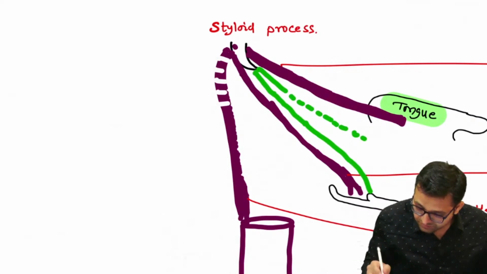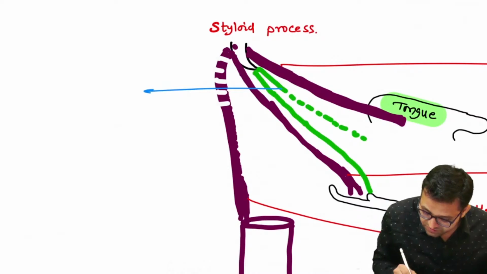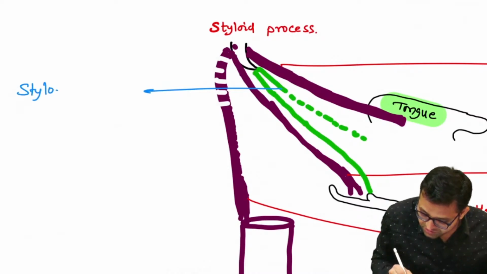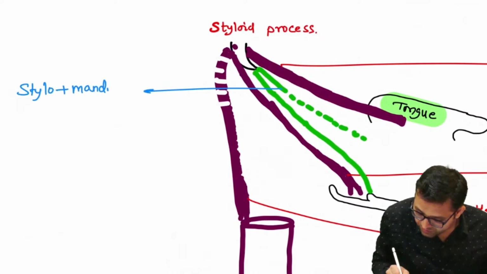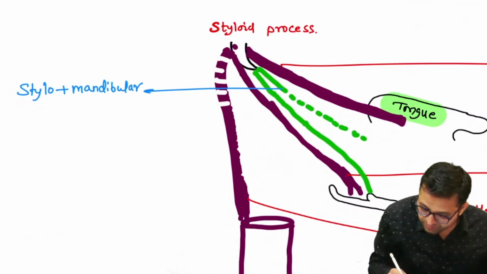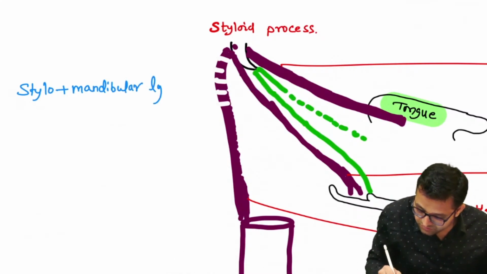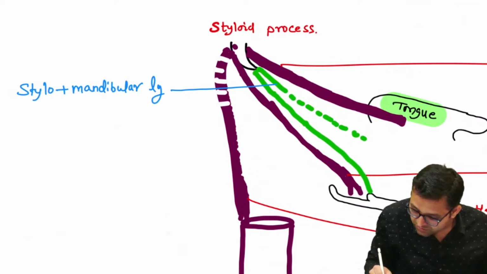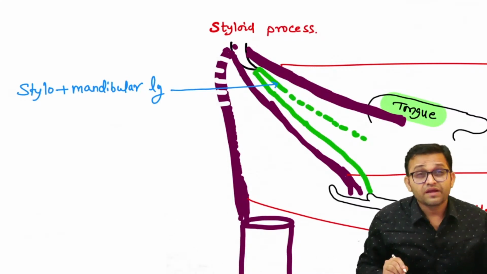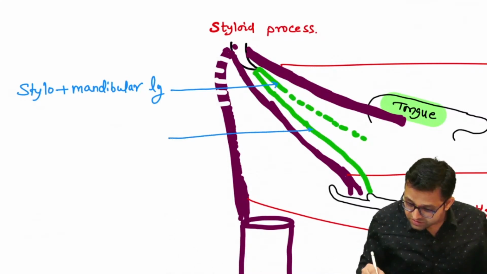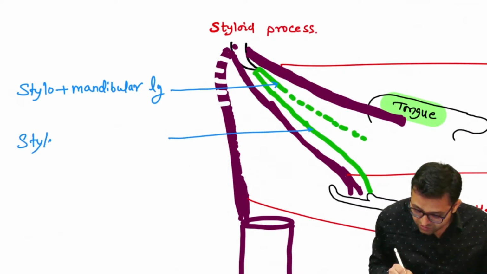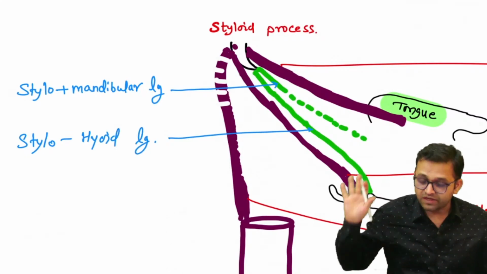This is stylo to the mandible, that's why stylomandibular ligament. Okay, sir. And another one, this is styloid process to the hyoid, stylohyoid ligament.